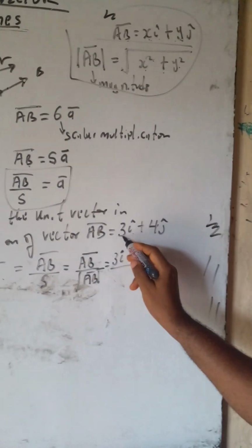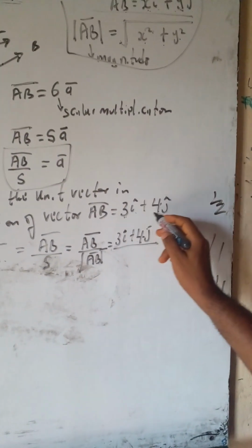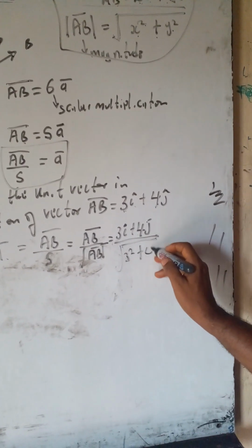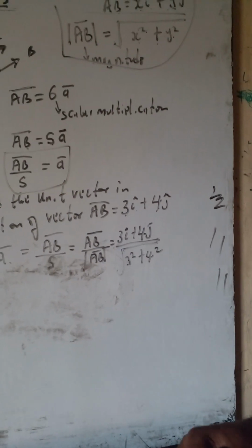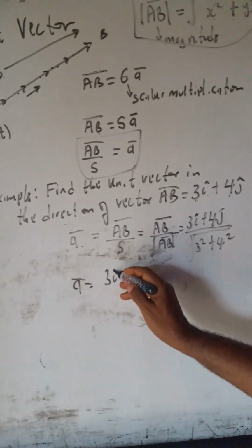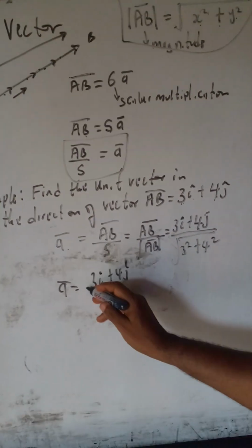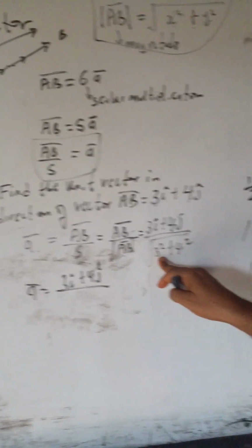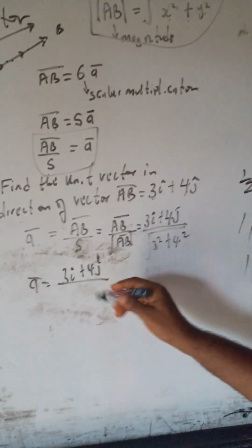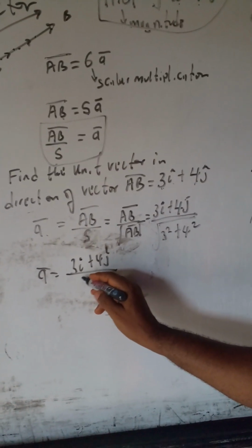Here our x and y are 3 and 4. So I have the square root of 3 squared plus 4 squared. So the unit vector a can now be written as 3i plus 4j divided by the square root of 3 squared, which is 9, plus 4 squared, which is 16. 16 plus 9 is 25. The square root of 25 will give us 5.